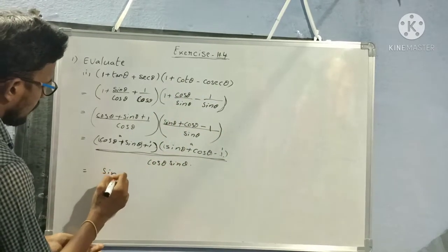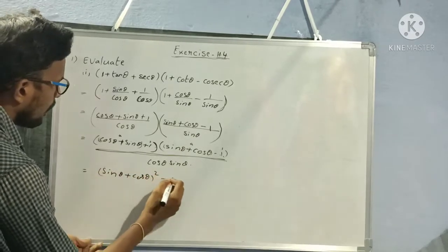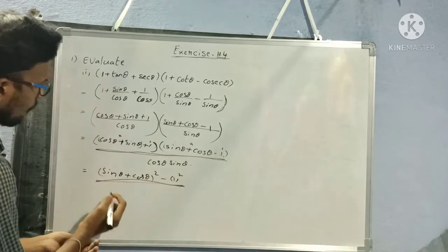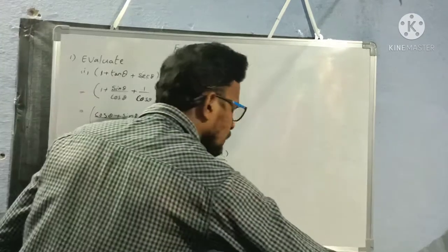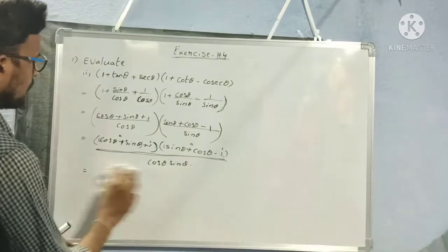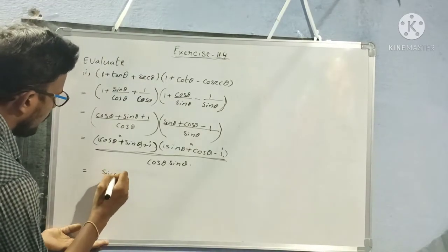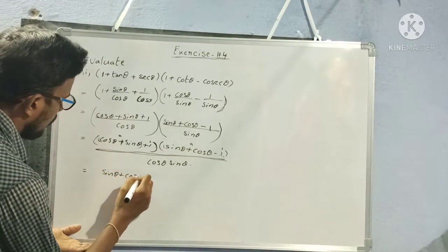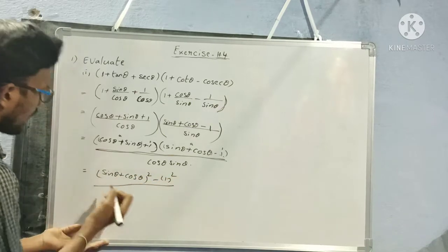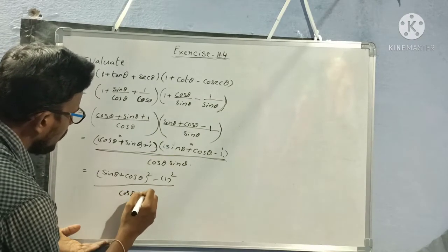So I can write (sin theta plus cos theta) whole square minus 1 whole square, by the denominator cos theta into sin theta.